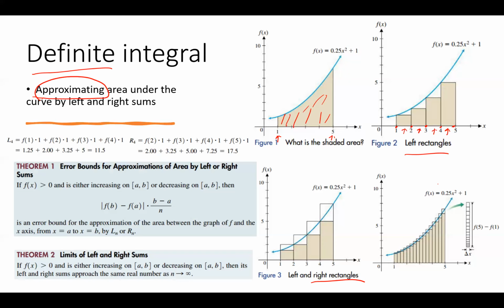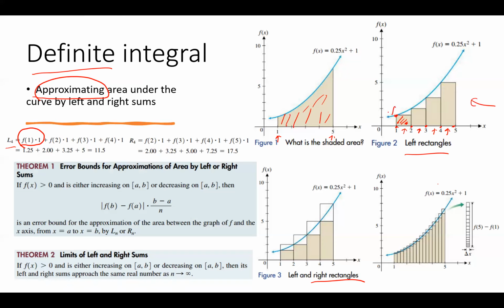If we use what we call left rectangles, then our calculation is like this. We calculate the area of the first one, which is just this one here. We get the height of the first rectangle from the left, the joint point of the rectangle with the curve, and this is the height.